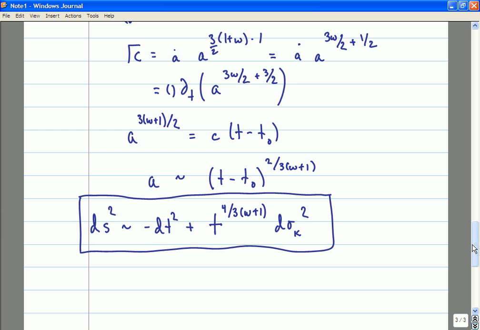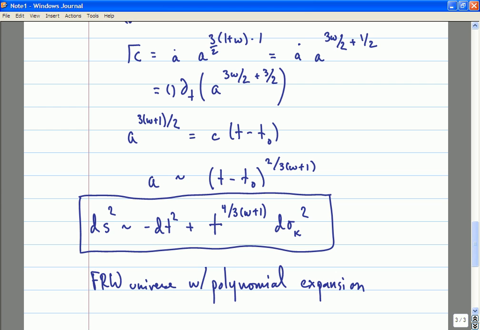This is called an FRW universe with polynomial expansion. Why polynomial? Well, it's t to some power. Okay. Not very creative. By the way, I've shifted my t coordinate to get rid of t naught. Hopefully that's clear. I could write (t minus t naught) to the 4 over 3(w plus 1) power here.